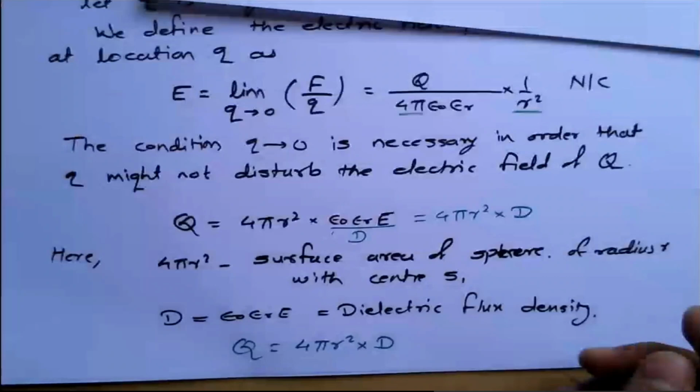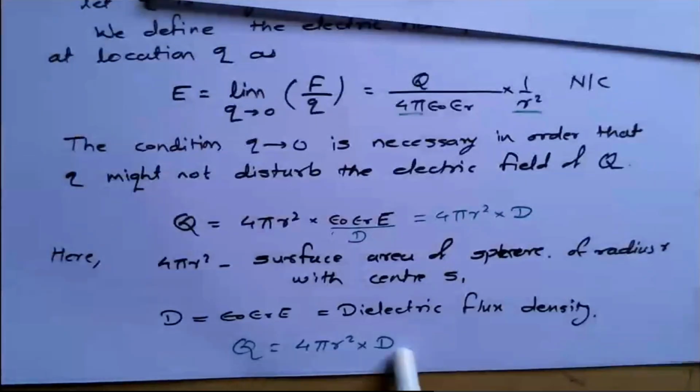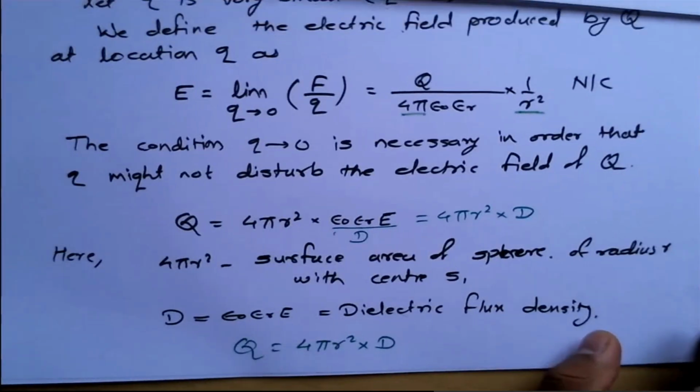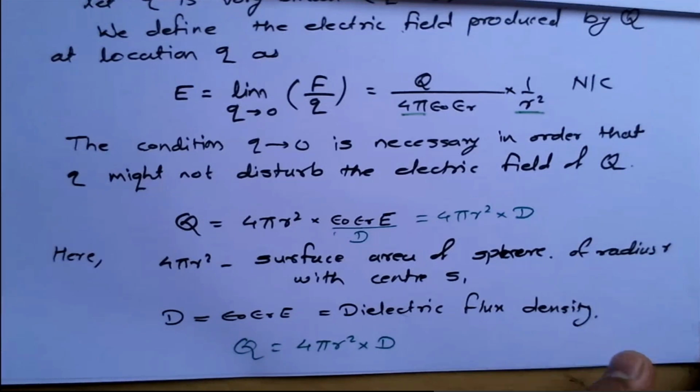This is Gauss's theorem. Keep in mind, the surface integral of dielectric flux density gives the total charge enclosed. So just write down the Gauss theorem or the Gauss law.